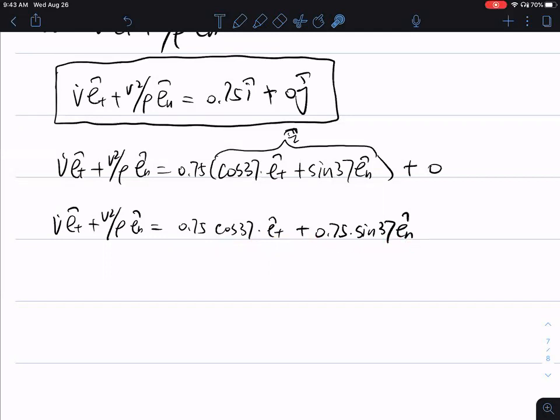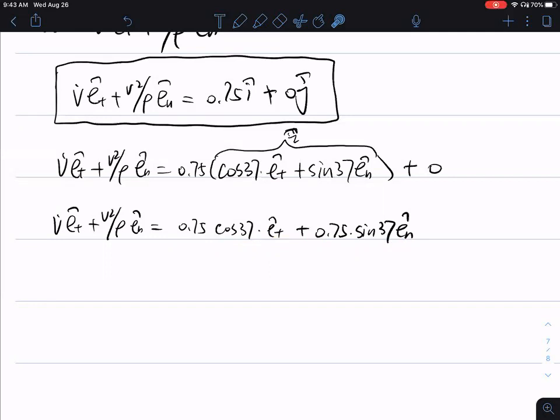Now let's compare both sides of the equation. We have something ET plus something EN equals something ET plus something EN. Right? And it's an equal sign between them.